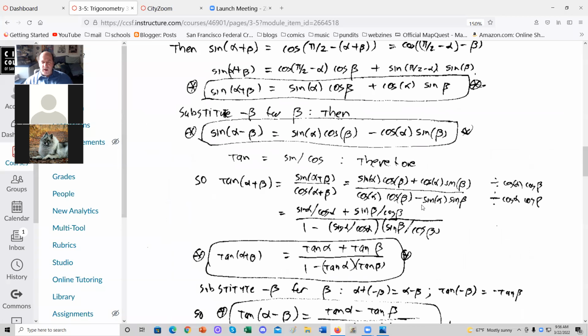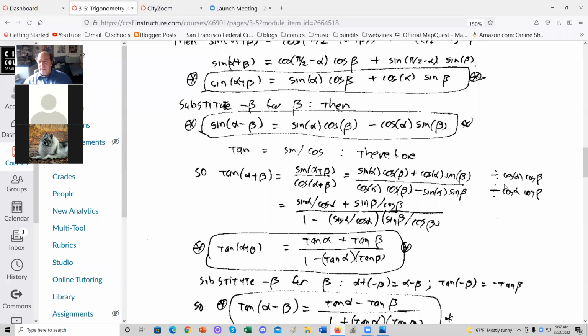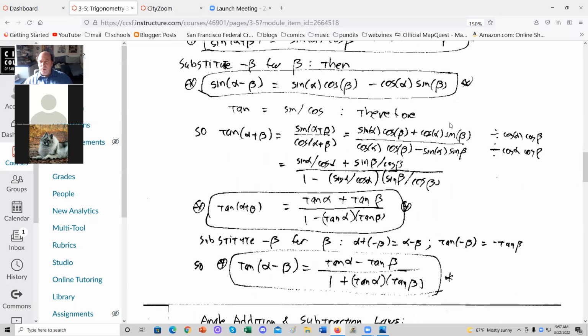Now you can also find rules for the tangent of a sum. Since tangent equals sine over cosine, the tangent of a sum is sine of the sum over cosine of the sum. The numerator is sine alpha cos beta plus cos alpha sine beta. The denominator is cos alpha cos beta minus sine alpha sine beta. Now for this fraction, we'll rescale numerator and denominator by cos alpha cos beta.